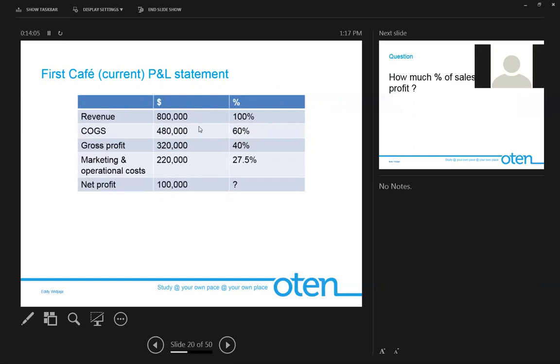Since gross profit is the difference between revenue and COGS, we get 40%, or in other words, $320,000. The case study also suggests that the marketing and operational costs contribute 27.5% of the revenue. Therefore, it is around $220,000. Net profit would be $100,000.